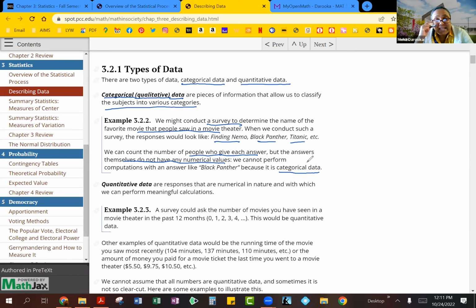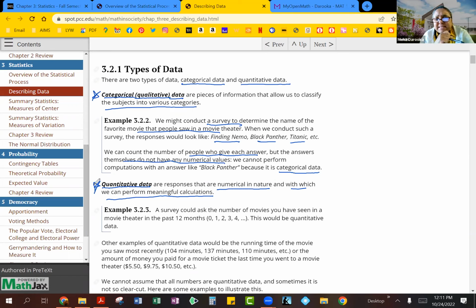The quantitative data, on the other hand, would be numerical, because that's the quantity. You can calculate something. These would be responses that are numerical in nature and with which we can perform some kind of meaningful calculation. Those are the two different categories of data that we can collect.